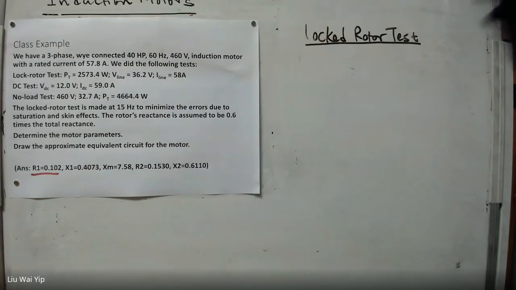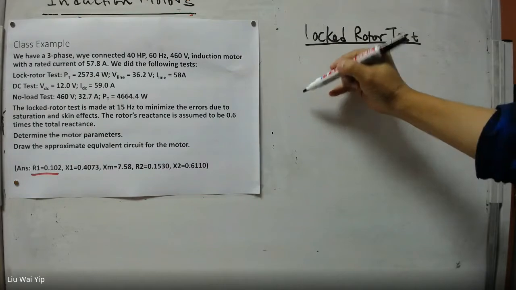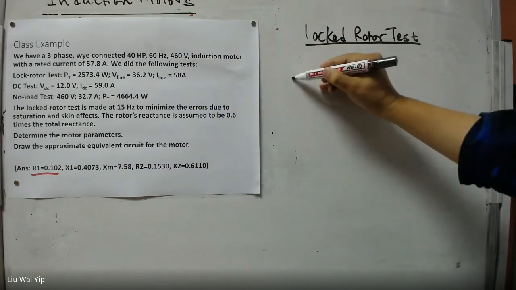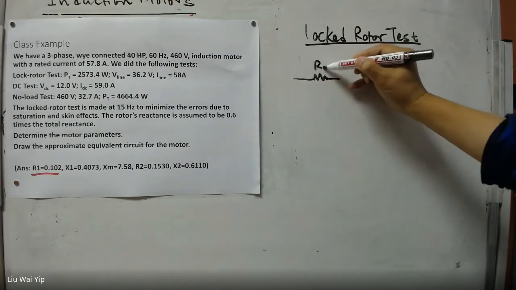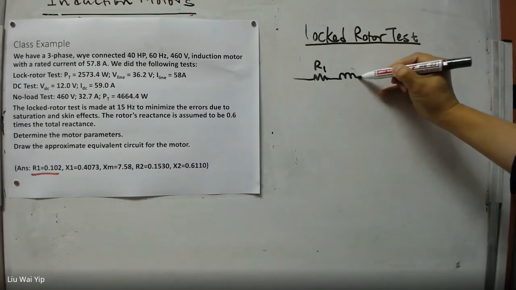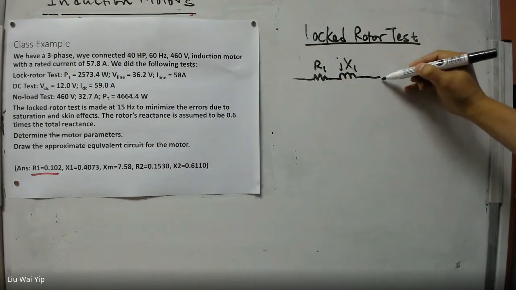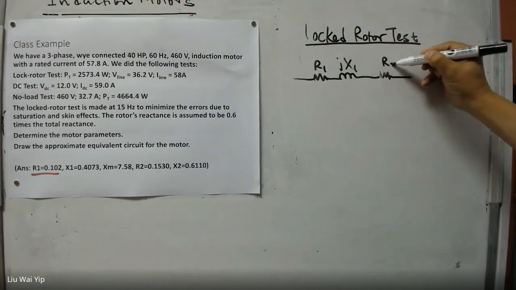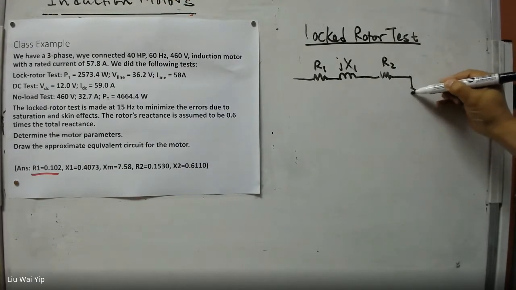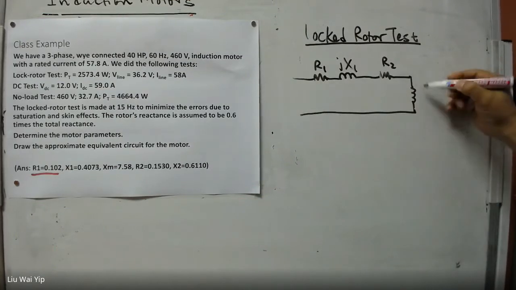And we have this value, and the equivalent circuit for the locked rotor test is like this: R1, and then jX1, and then we have a resistance R2, and then reactance jX2.